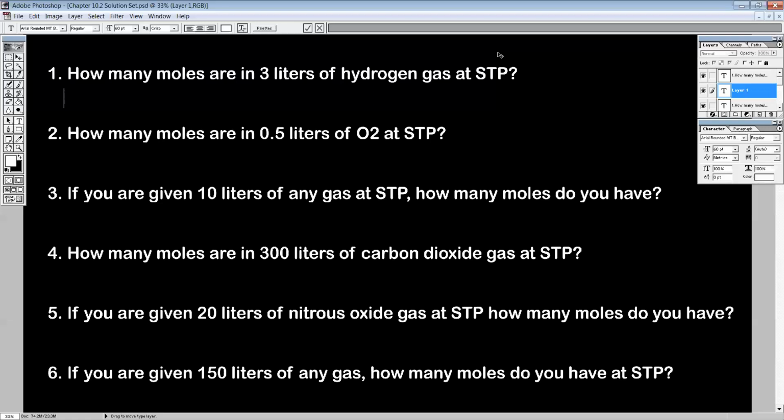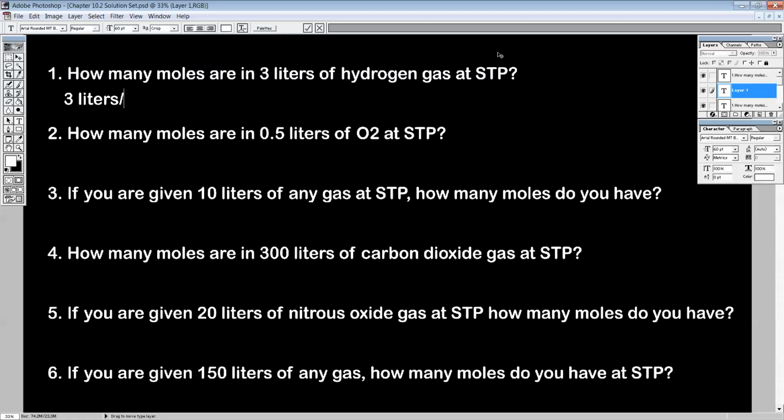Question number 1. How many moles are in 3 liters of hydrogen gas at STP? So we have our 3 liters of gas. It doesn't matter that it's hydrogen or carbon dioxide or carbon monoxide. Any gas at STP is going to be equal to 22.4 liters. So I gave you 3.